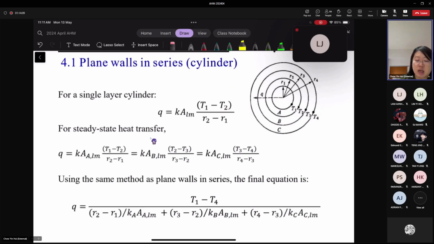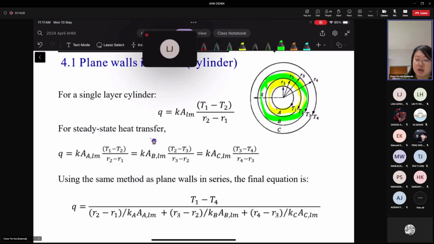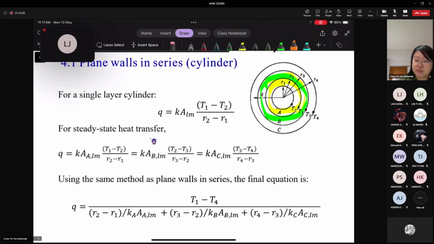Now, if we have heat conduction through cylindrical walls in series, you have one layer, a second layer, and then a third layer. So the heat is transferred through the cylindrical walls in series, radially.